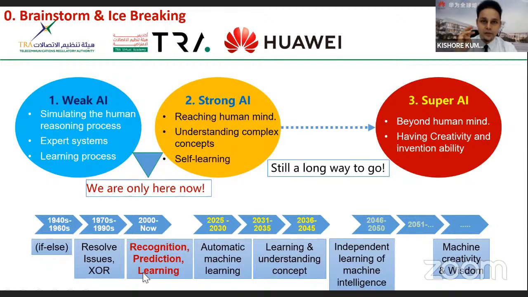So if our systems can exhibit one or all of these capabilities, we can call them AI applications, okay? Remember, please: recognition, prediction, learning. There are many more, but let's just say these three are the key to being called AI applications.